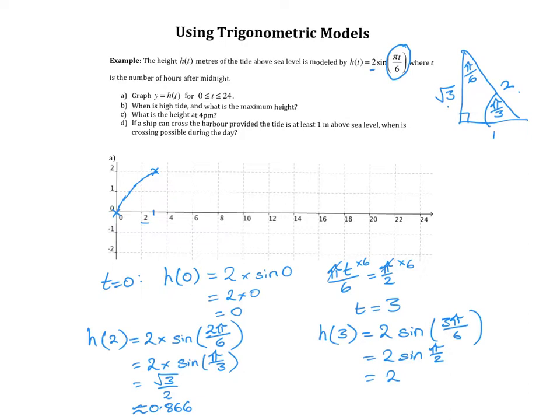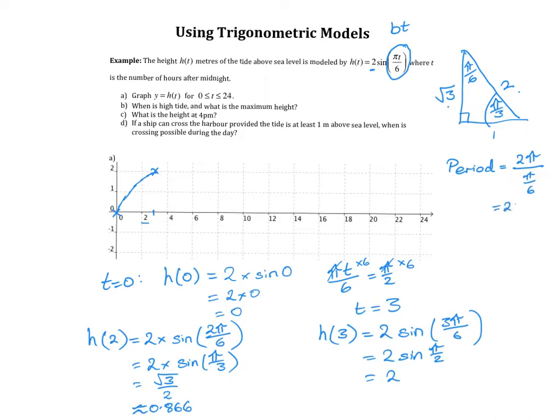Now, what we haven't considered yet is the period. If you remember, the period is always 2 pi divided by b, if the function is like a constant times sine of b times t. So here, what's b? b is actually pi on 6.